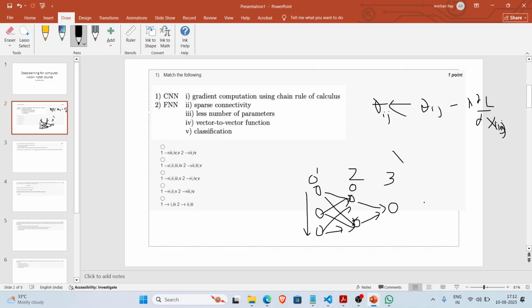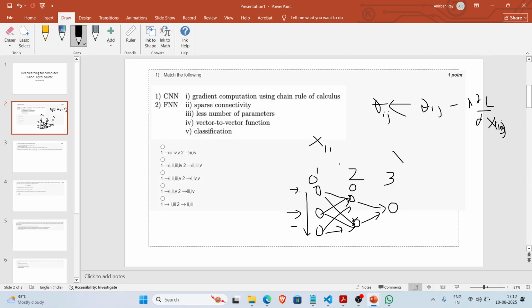Now, the output of this neuron can be written as, first the input. It is layer 1, and the node numbering is 1, so 1, 2, 3 like that.